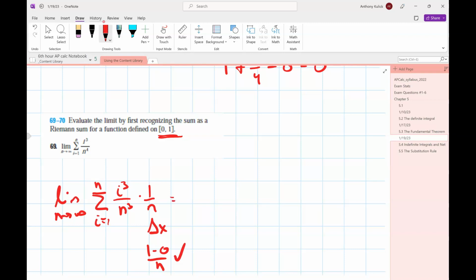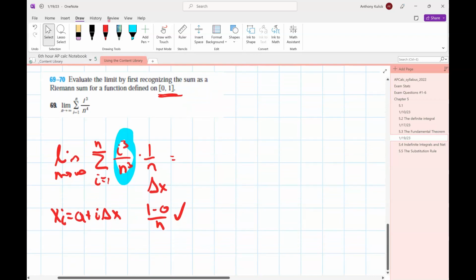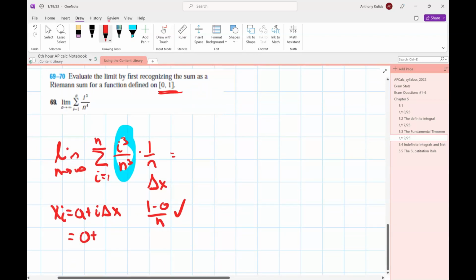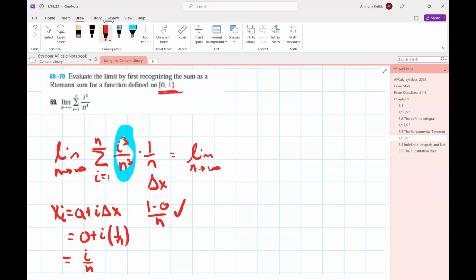This, then, I want to rewrite so it looks like a function of my xi, which is going to be a plus i times delta x. So in this case, that's going to be 0 plus i times 1 over n, or just i over n. So that's easy. I can just write it as i over n cubed.